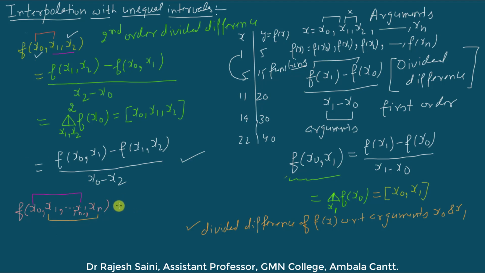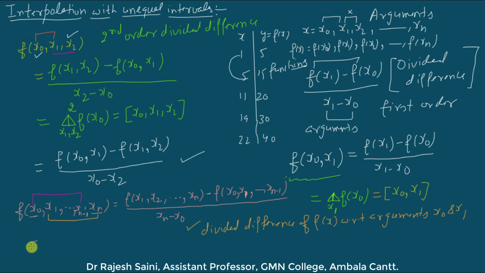It will be f of x1, then x2 obviously, though it is not written here, up to xn, minus f of x0, x1 up to xn minus 1, divided by the difference between the extreme arguments. Extreme arguments are xn and x0, so it will be xn minus x0.